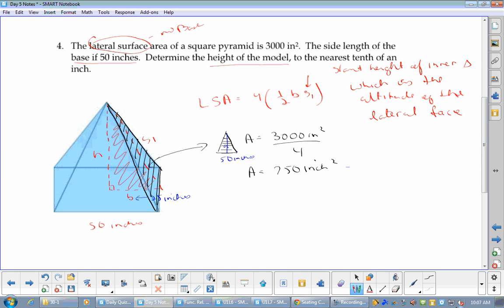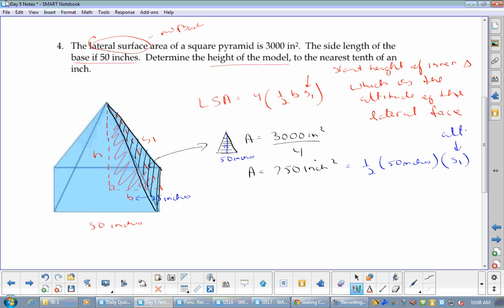So this equals 750 equals 1/2 times 50 inches times what we called S1, which is our altitude. No, because 750 equals 1/2 AB, that right?